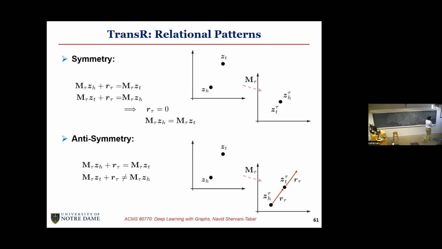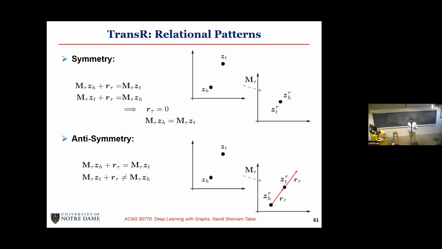So can we represent anti-symmetry? Again, yes, we can. Similarly to trans-E, we can just learn it in such a way that these are not on top of each other. So I translate the projection of ZH using R tau to some point, and I get the projection of ZT.